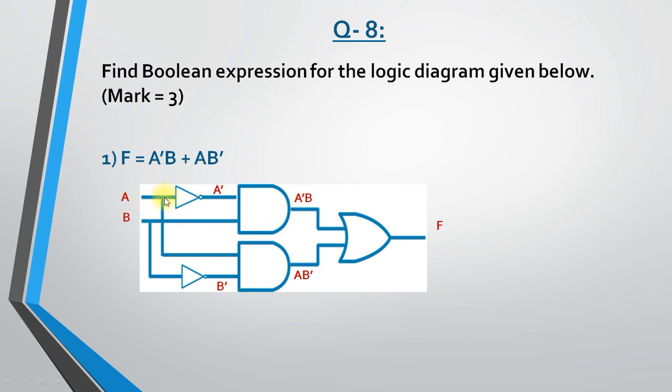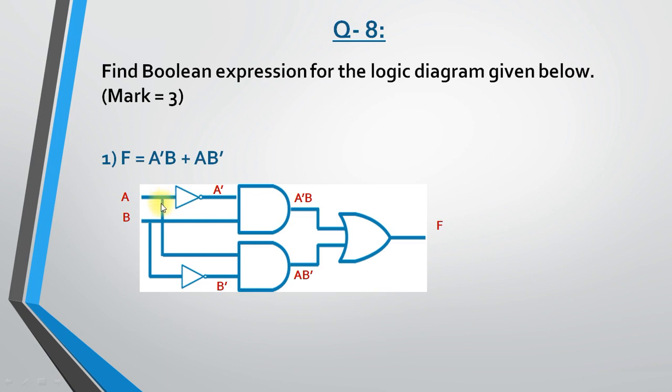Similarly, this cable is taken from the value of A. Now see, consider the situation where instead of taking the cable from this side, I have taken the cable from this side. At that time what happens? A dash value is there. But right now I have taken the cable from the left hand side of the NOT gate.